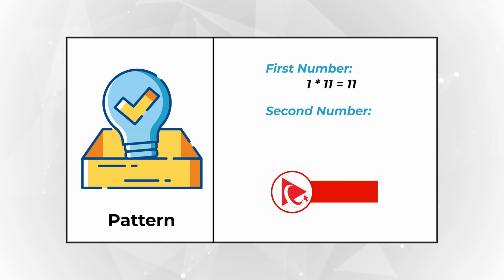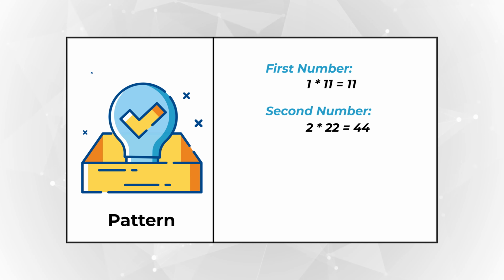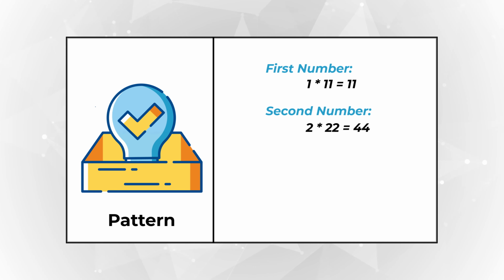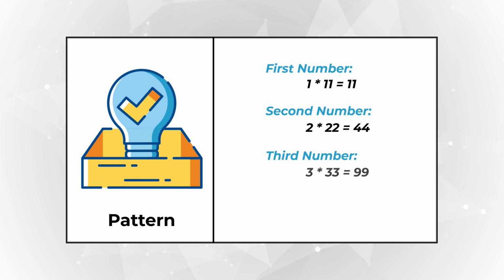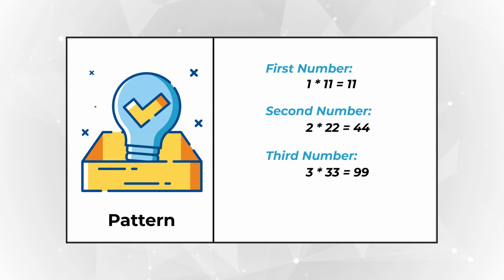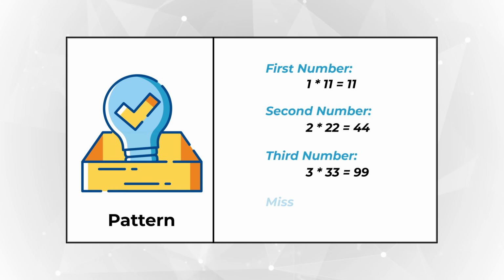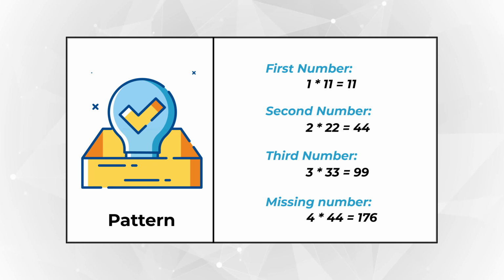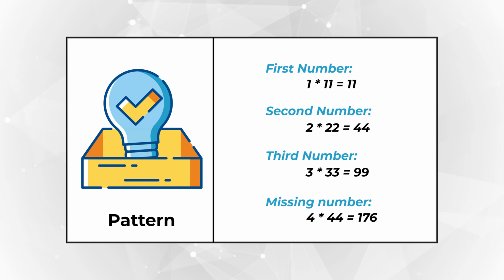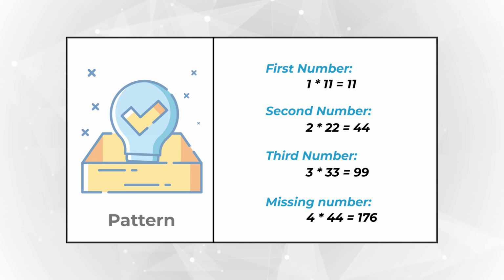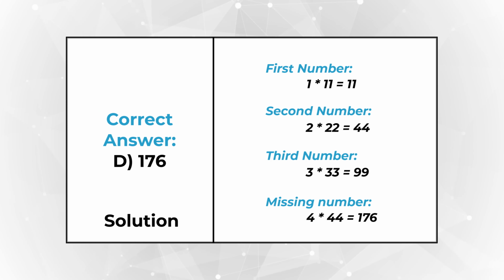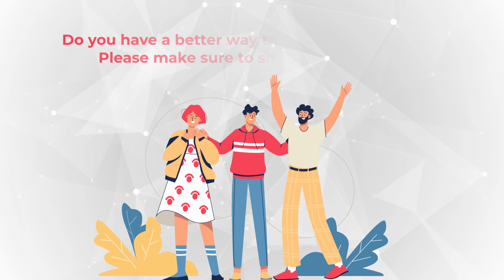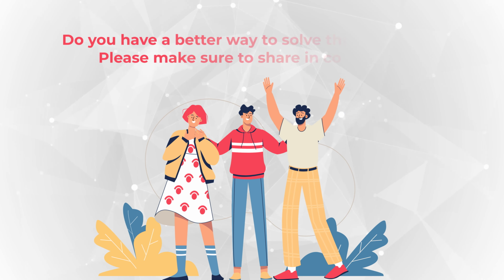The second number is 2 multiplied by 22, which equals 44. The third number is 3 multiplied by 33, which equals 99. So the missing number can be calculated as 4 multiplied by 44, which equals 176. So the correct choice here is choice D, 176. Hopefully you've nailed this question and now know how to answer similar problems on the test.